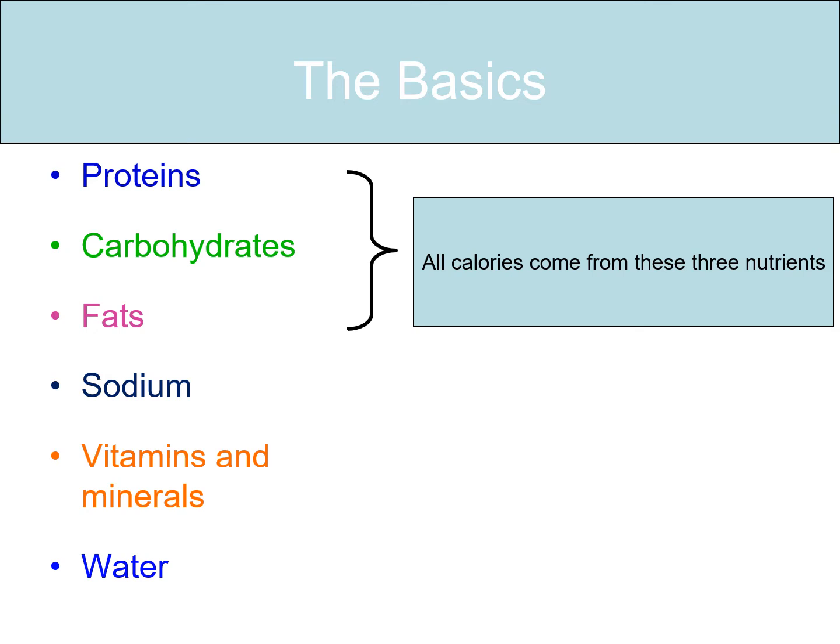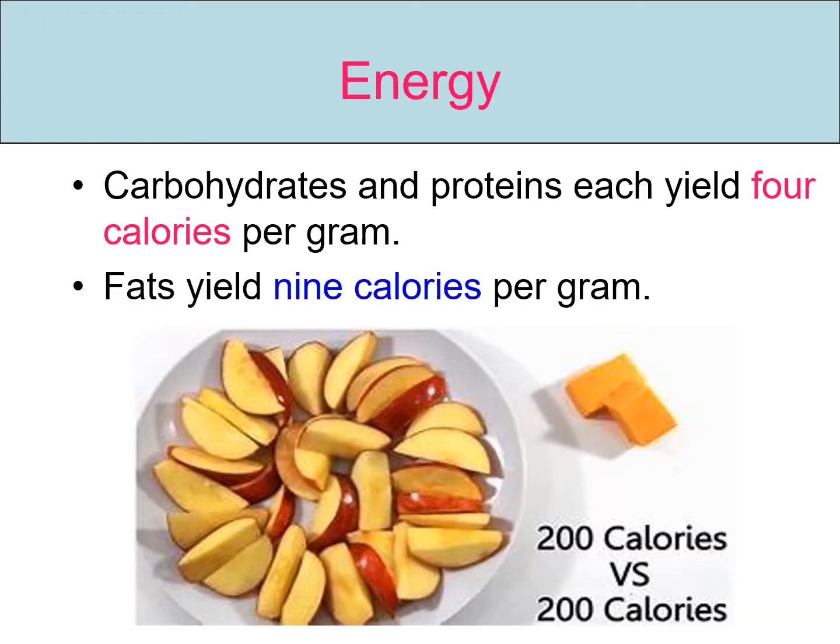And that energy is combined from those nutrients with sodium, vitamins and minerals, and water. So when we look at energy, carbohydrates and proteins yield 4 calories per gram of energy, whereas fat yields 9 calories per gram of energy.